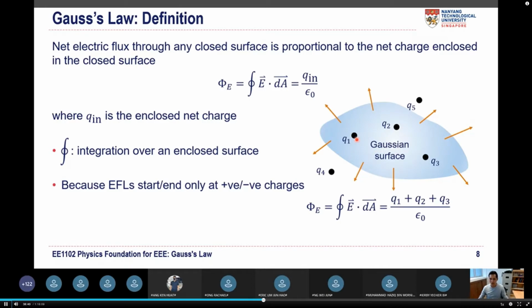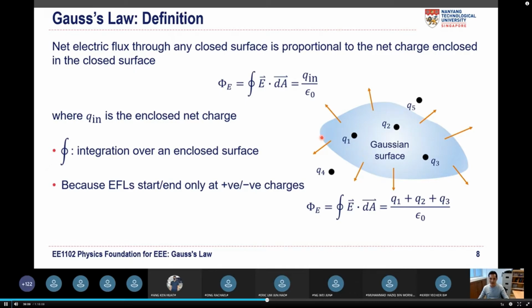Because you have the charges, this will create some electric field around it, right? I have drawn in all these field lines coming out of the surface, but of course it could also be going into the surface. This is just a schematic diagram, so it doesn't represent anything real.